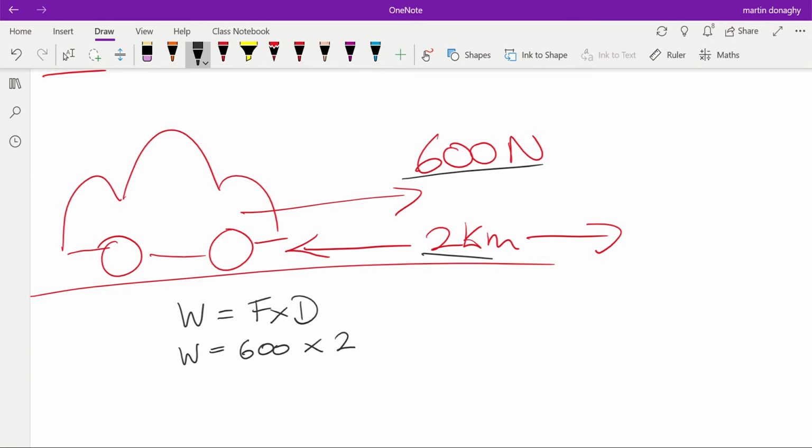The distance has to be in metres, so I'd multiply that 2 kilometres by 1,000, and that will give us 1,200,000 joules of work. Now, if everything's 100% efficient, that'll be 1,200,000 joules of chemical energy in the fuel getting changed into kinetic energy in the car.